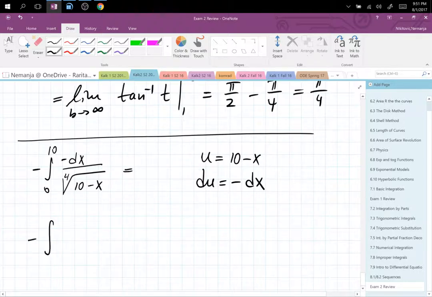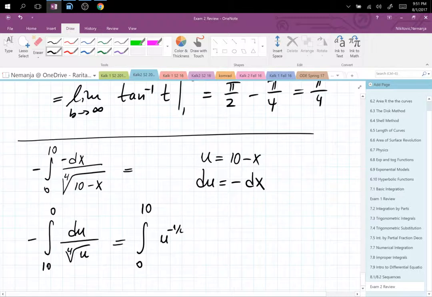When I plug in 0, it becomes 10 on the bottom, and when I plug in 10 on top, it becomes 0 there, and it becomes du over the fourth root of u. Now the negative in front of the integral will swap the limits, 0 to 10, and then we have u to the negative 1/4 du.